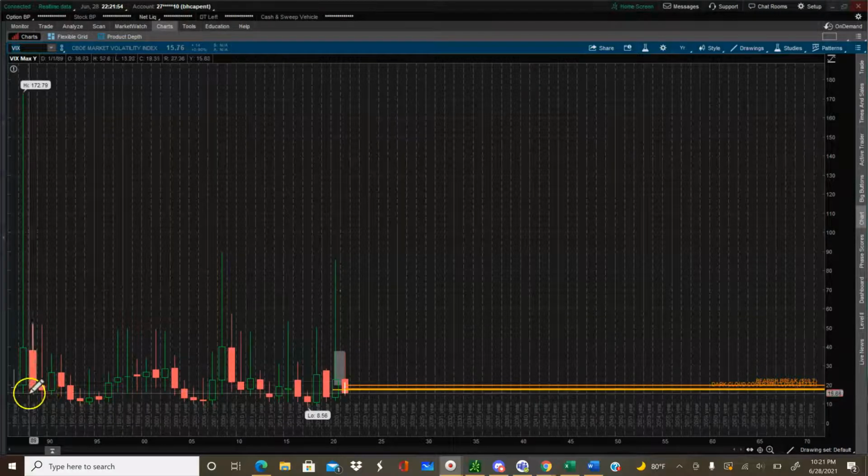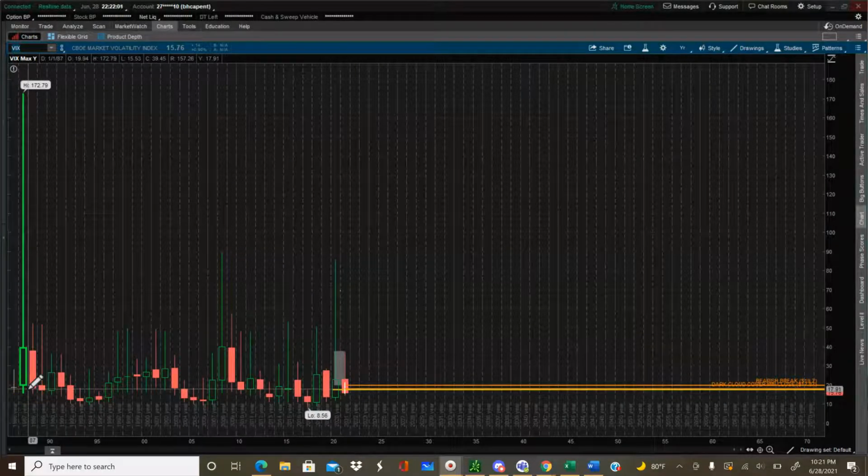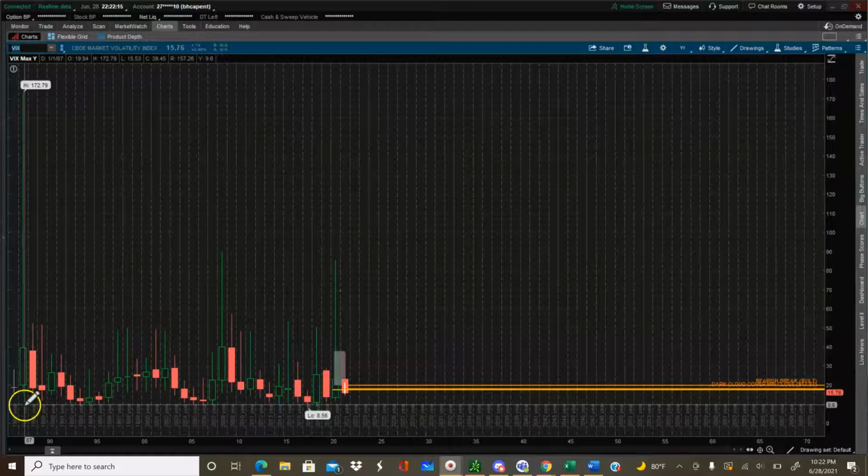One thing I'm seeing that's very consistent across the life of VIX is an area where VIX tends to settle down into and pops. That level to me is about the high $15 range down to about $10.